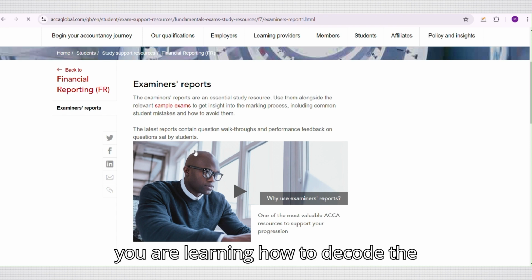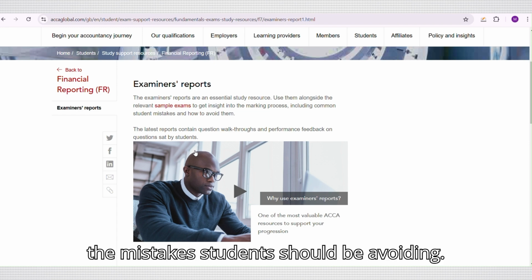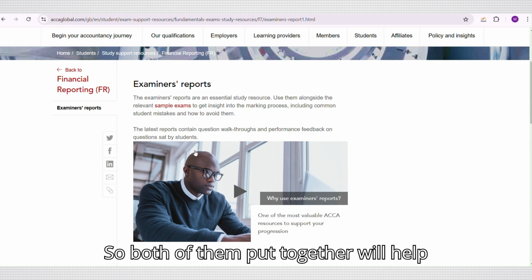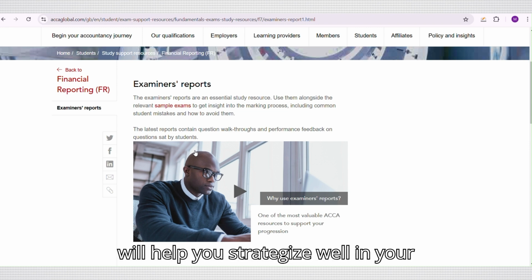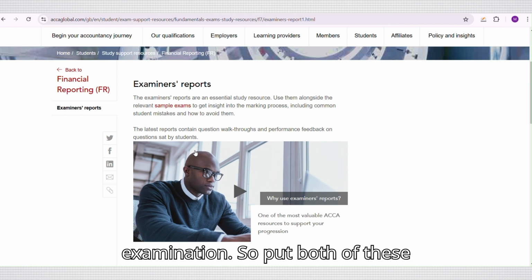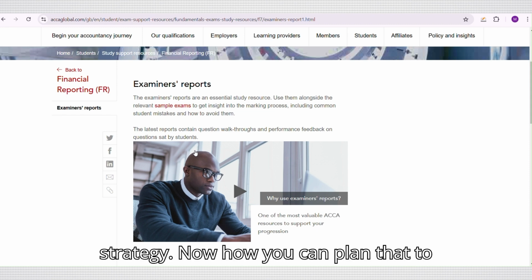So there you're learning how to decode the question, how to decode the marking scheme. Here you're learning what are the mistakes students should be avoiding. So both of them put together will help you analyze the question really well, will help you strategize well in your examination. So put both of these together and then plan your strategy.